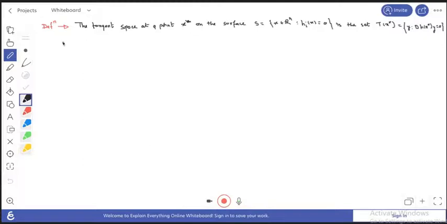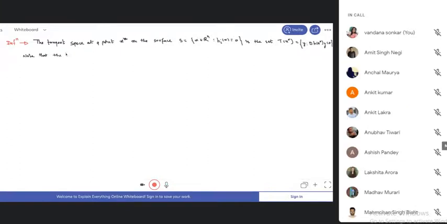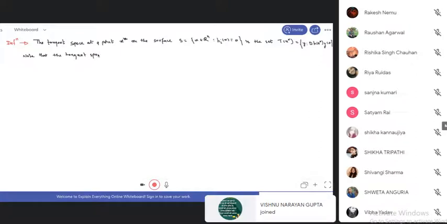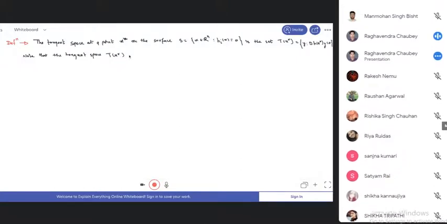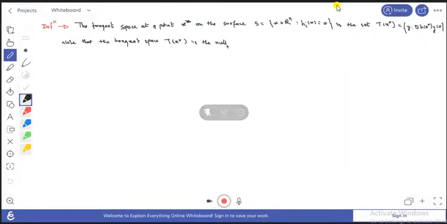And here note that the tangent space, that is T of x star, is basically the null space of the matrix that is the derivative of h at x star.